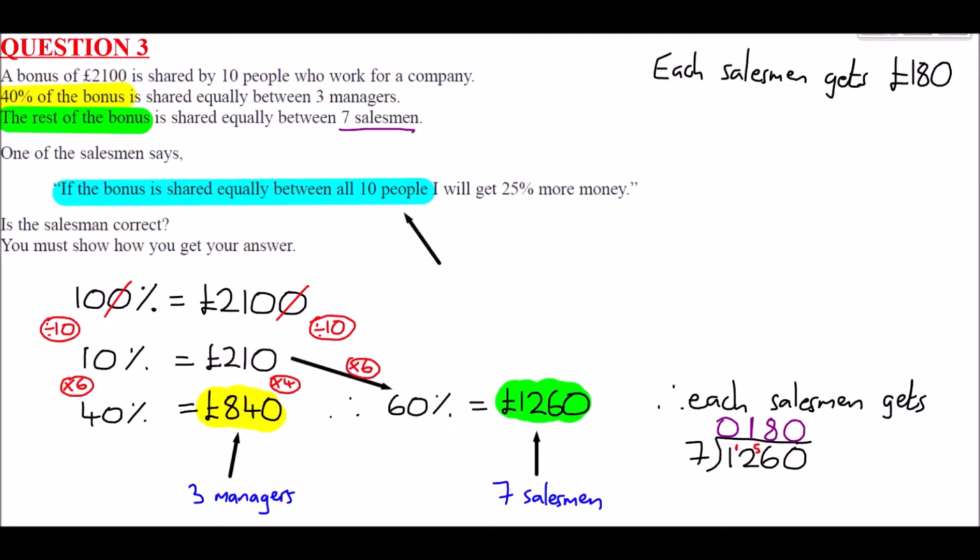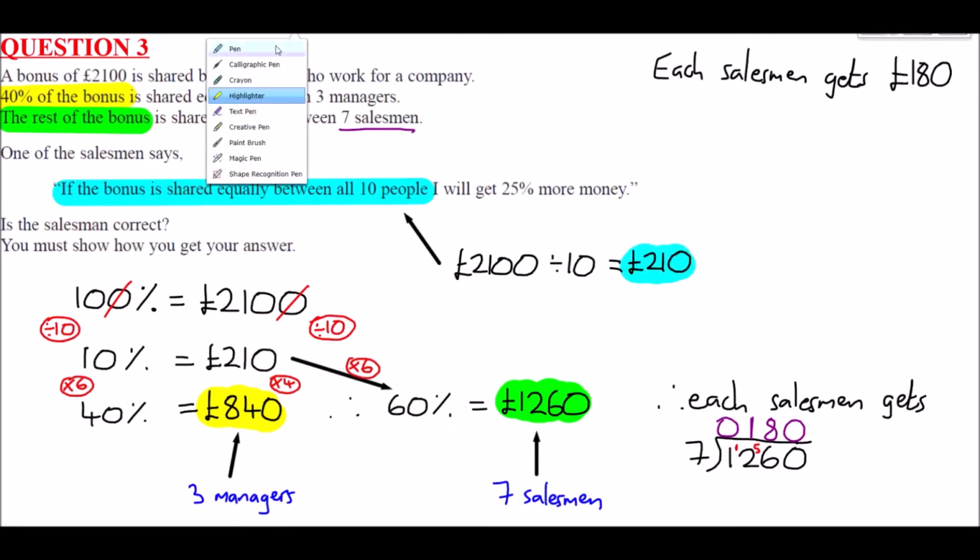If it was equally shared, that would be 2,100 divided by 10, which is just £210. So the salesman seems like he might be right. He's definitely getting more money if it was equally shared. This salesman would have got £210 instead of 180.